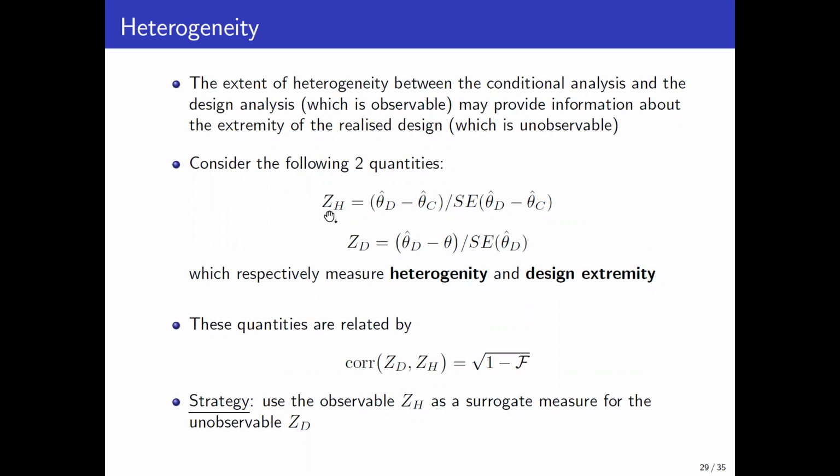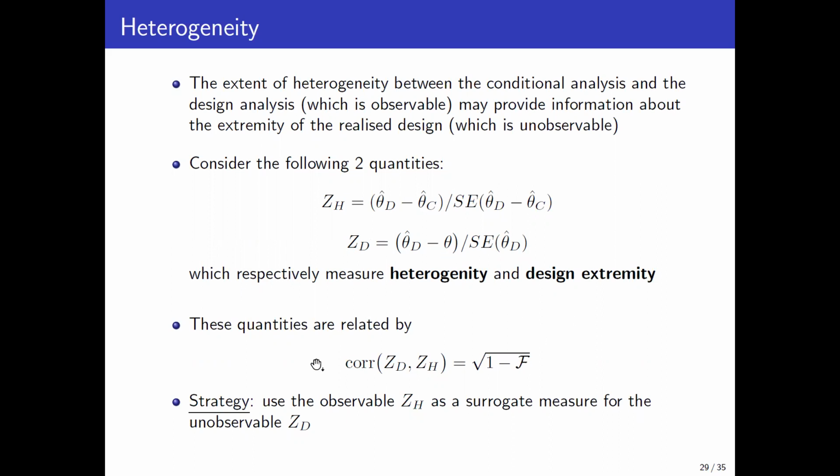The ZH is what I'll call the heterogeneity statistic. It's simply a standardized version of the difference between the design estimate and the conditional estimate. And then the design extremity value, which is based on this unobservable quantity that depends on the unknown theta.